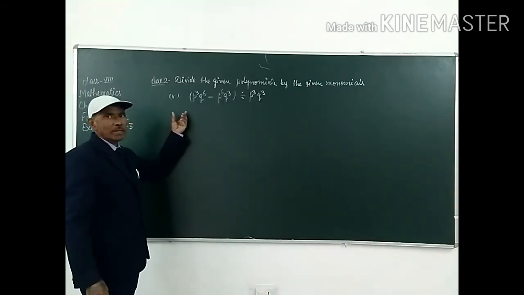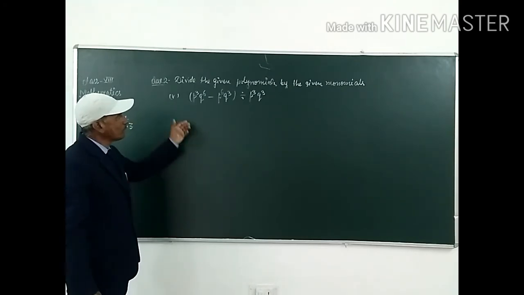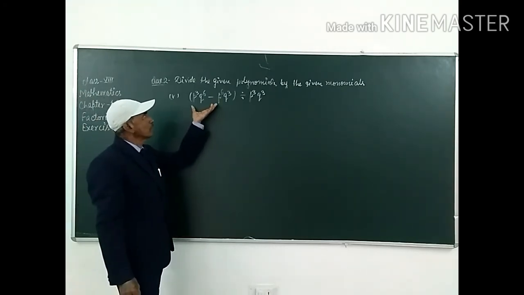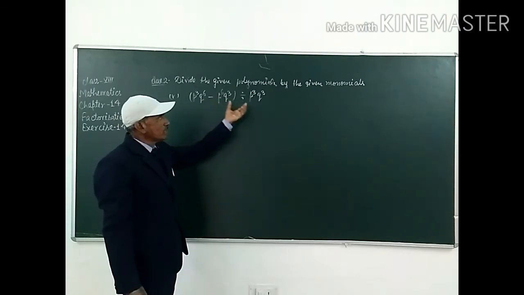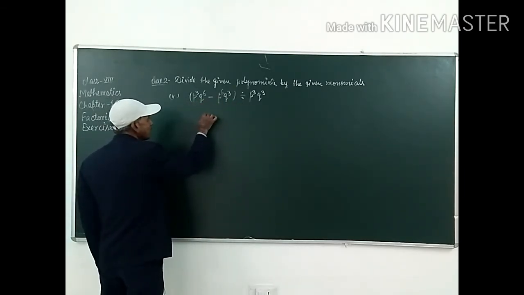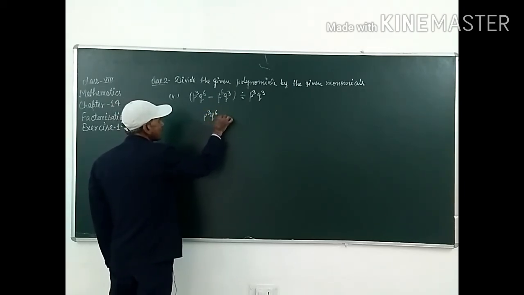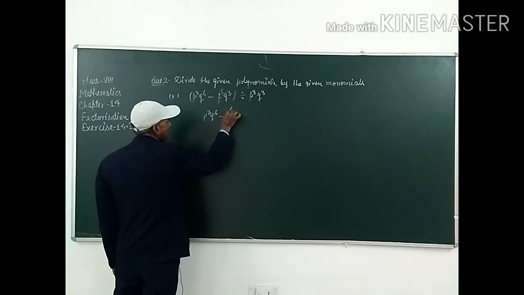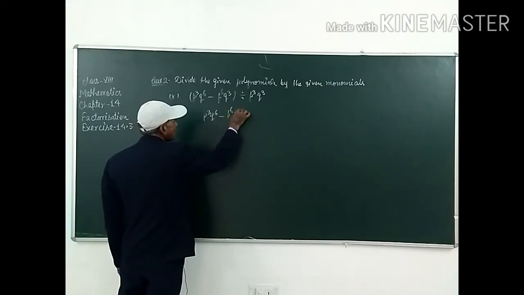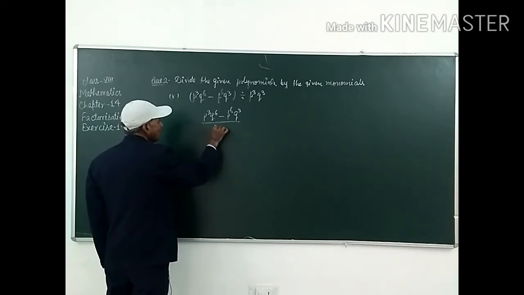This is the fifth part of question number 2, students, and in this part we have to divide this polynomial by this monomial. So first of all we have to write this p cube to the power 6 minus p to the power 6 q divided by p cube q.